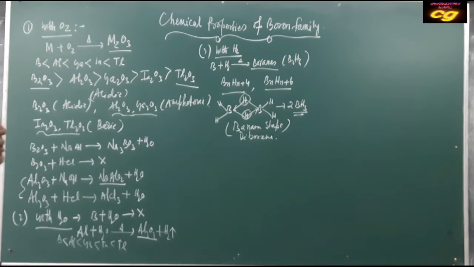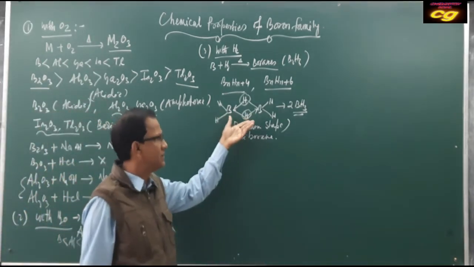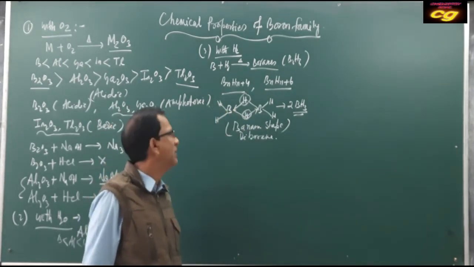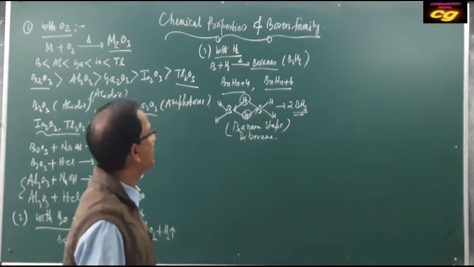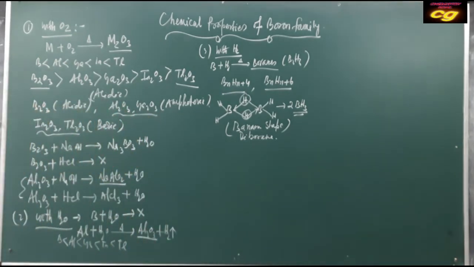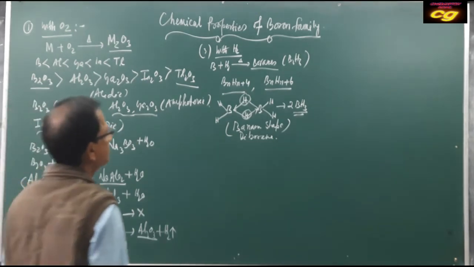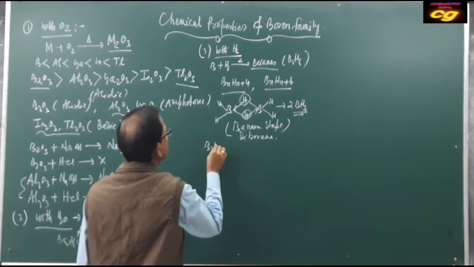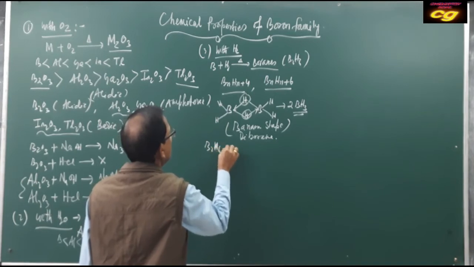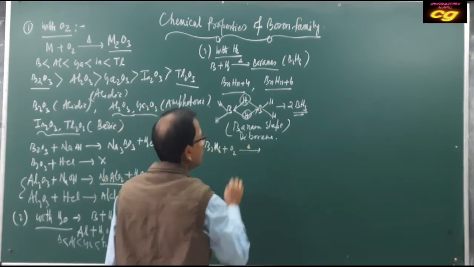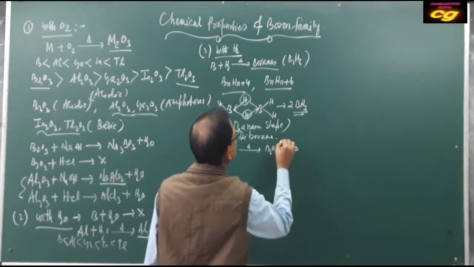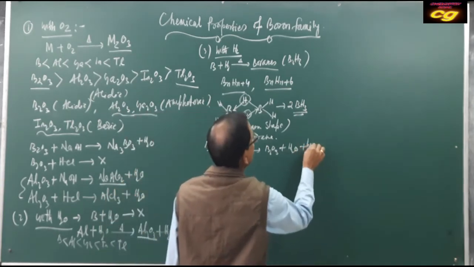And almost all hydrides exist in dimeric forms due to the availability of vacant orbitals in aluminum or boron compounds. Okay, so this is your diborane. If diborane is heated in oxygen, it produces boron trioxide and water, and a large amount of heat.